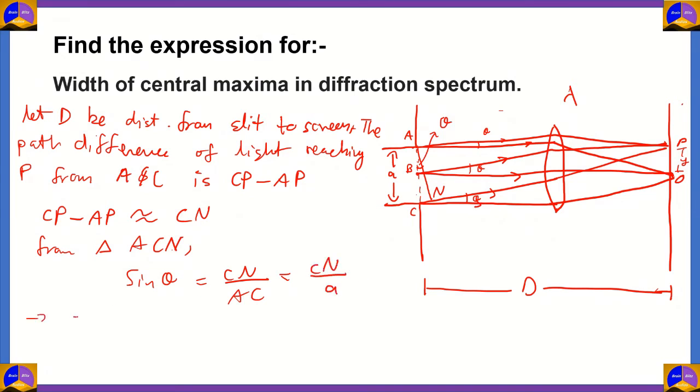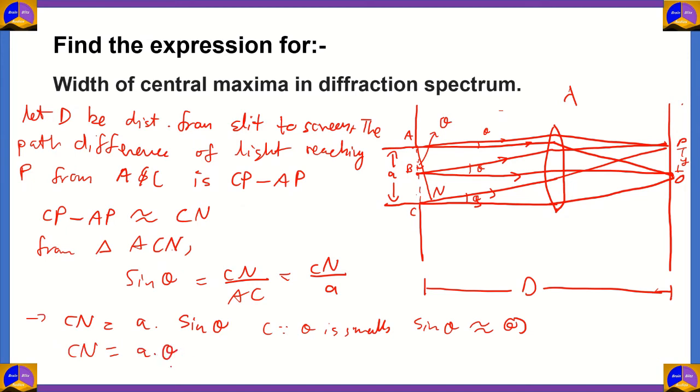So therefore you can say CN is equal to a times sine theta. Since theta is small, sine theta can be written as equal to the angle itself, theta. So CN is equal to a times theta. Okay, so that is the path difference.